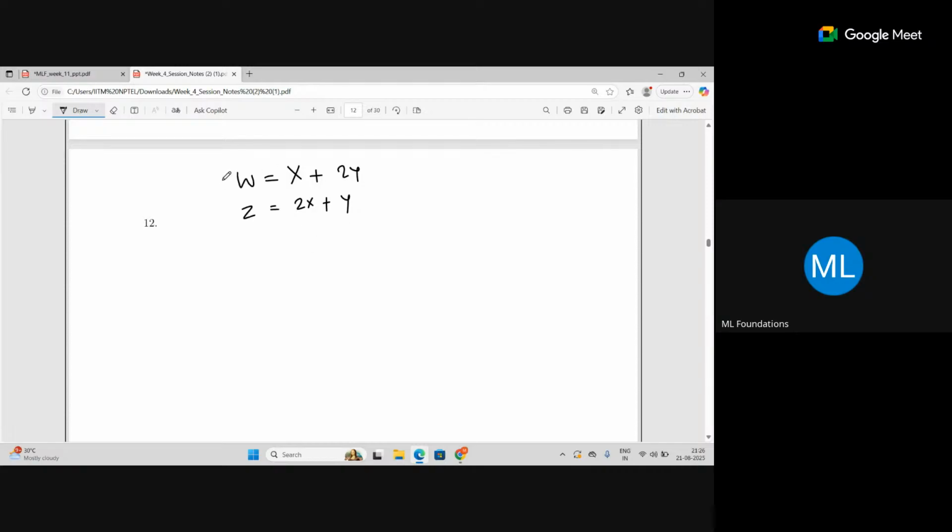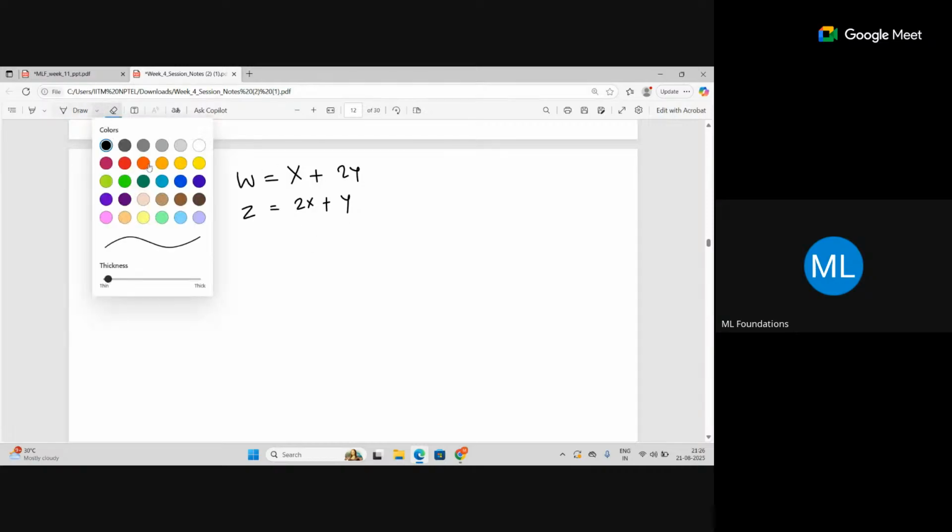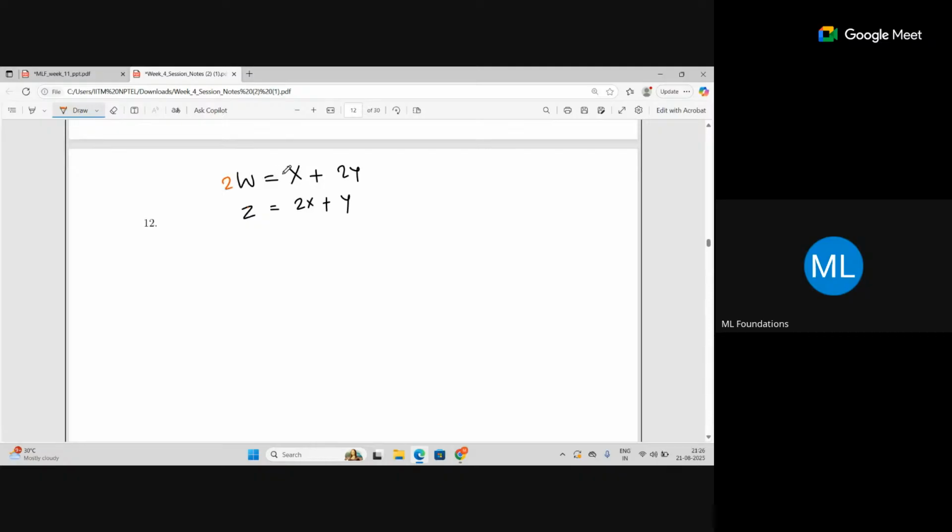I'll have to multiply by 2 above, so this will become 4, and if I subtract, what do I get? 2w minus z equals, so this will get cancelled, and here it will be 3y. Basically I'll get y as 1 by 3 times (2w minus z).